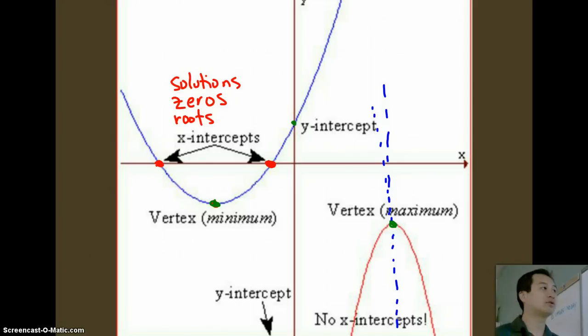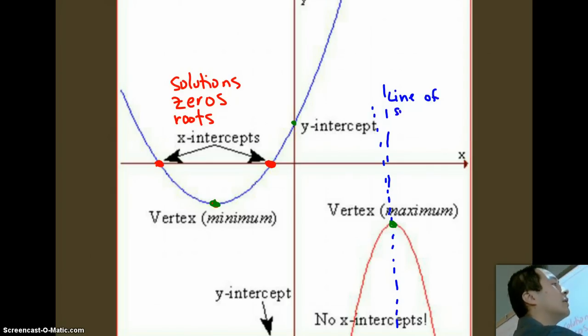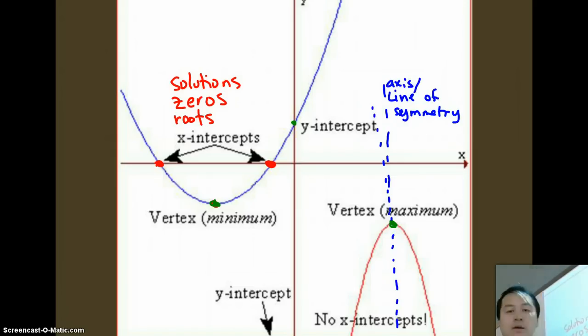That's called the line of symmetry, also known as the axis of symmetry. Very good. So let's continue on.